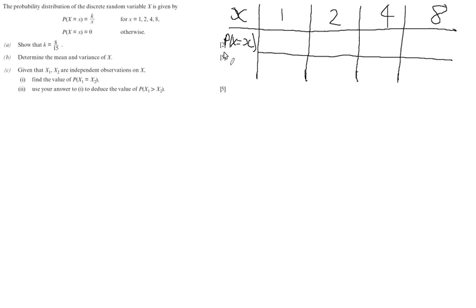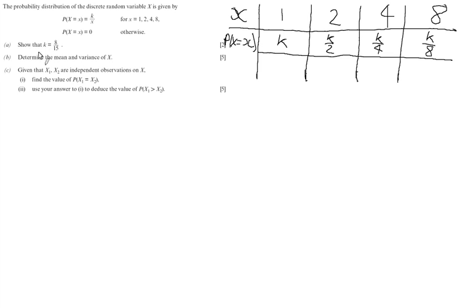So k over x: we get k over 1, which is k. We then get k over 2, k over 4, and k over 8.